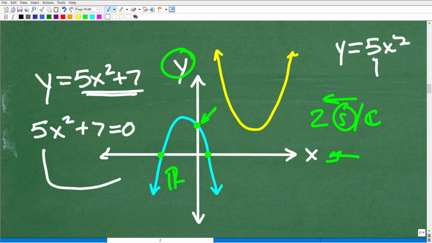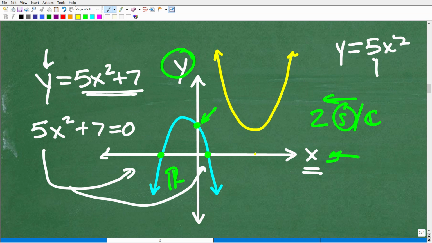If I could solve this equation, I'm finding real number solutions. Now, if they turn out to be imaginary number solutions, then you know that this graph is something like this. So when you want to find the x-intercepts, you're going to set y equal to 0.